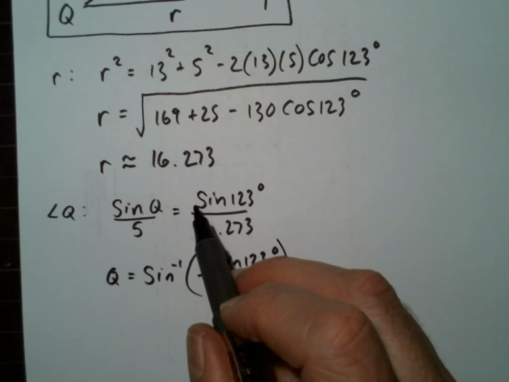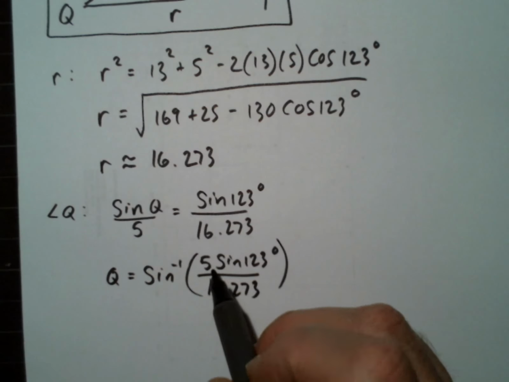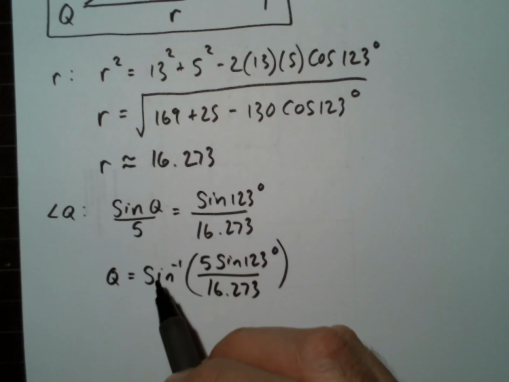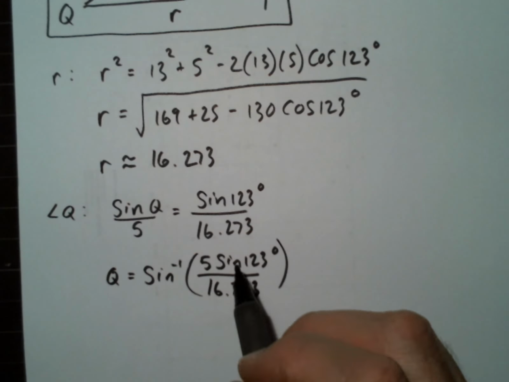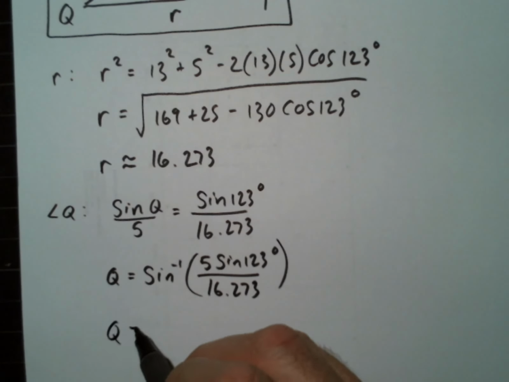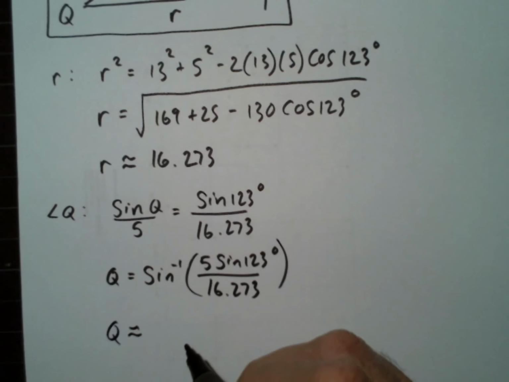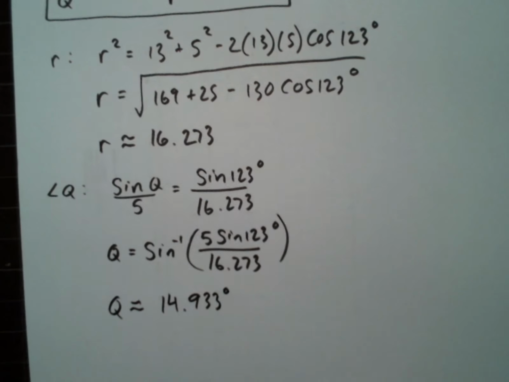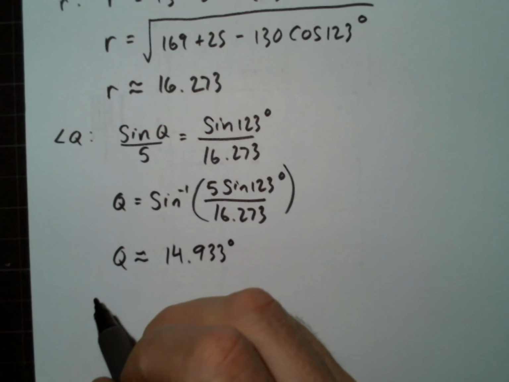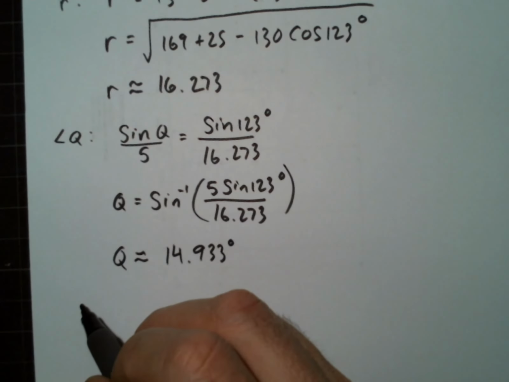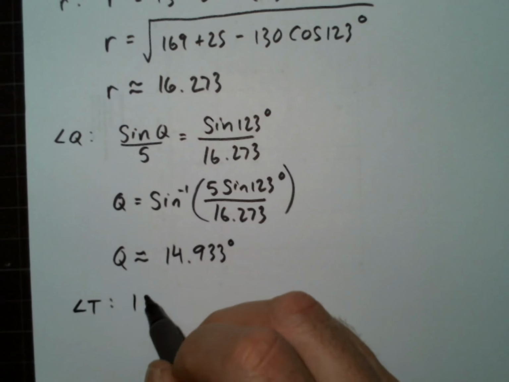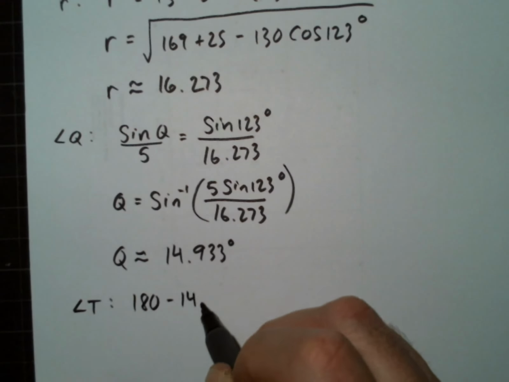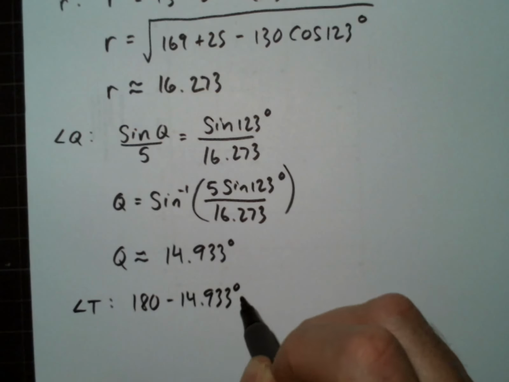Now it goes 5 sine 123. Then we want to cancel the sine with inverse sine. So doing this on the calculator, we get our answer, and we know two angles, so now we can find the third angle. Angle T is 180 minus the other two angles.